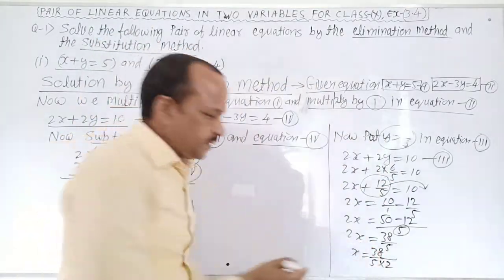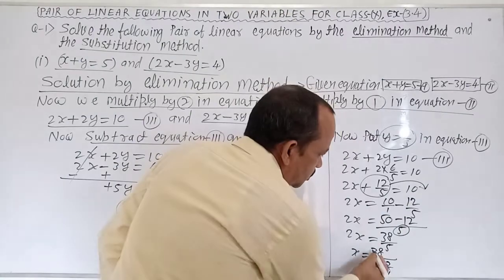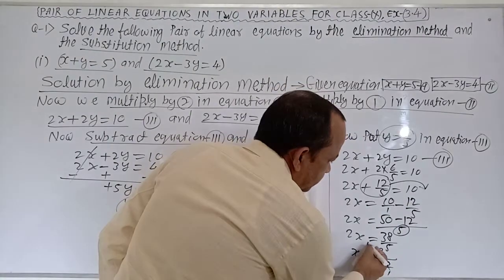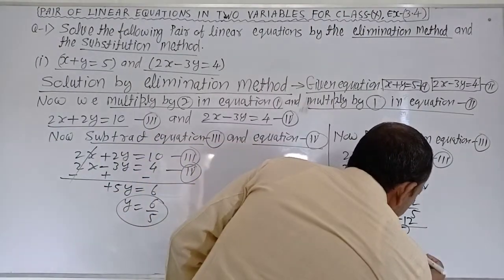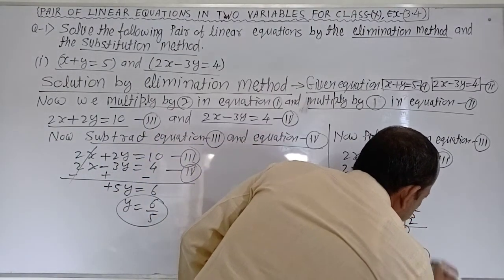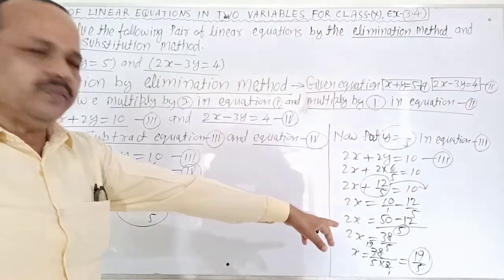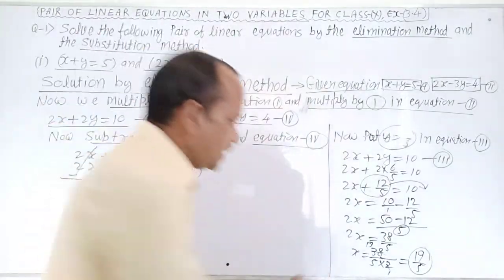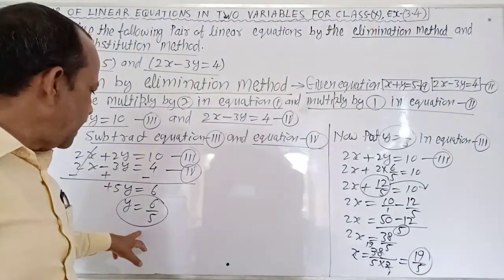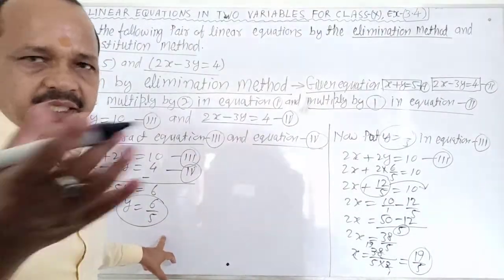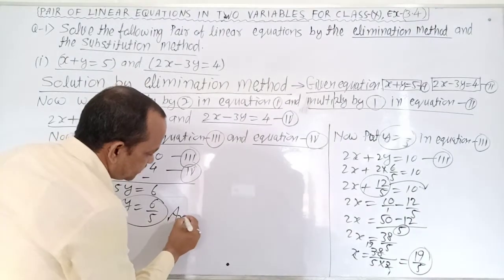You can cancel it: 2 ones are 2, 2 nines are 18, 19 for 38. It becomes 19 by 5. You find x equal to 19 by 5 and y equal to 6 by 5.